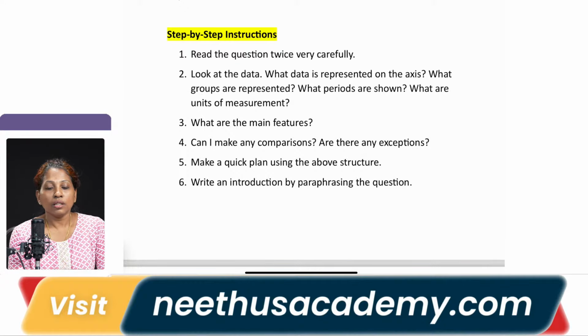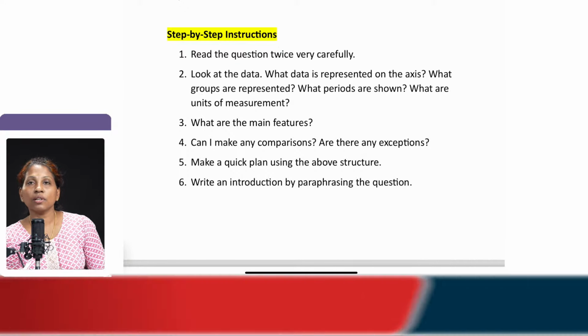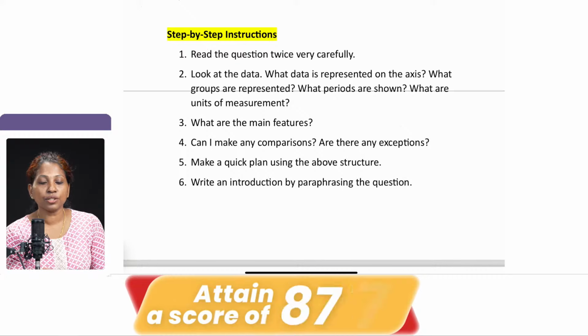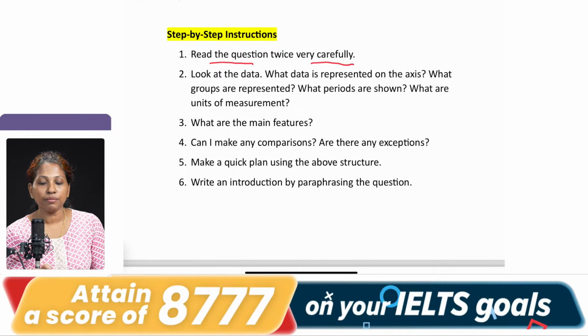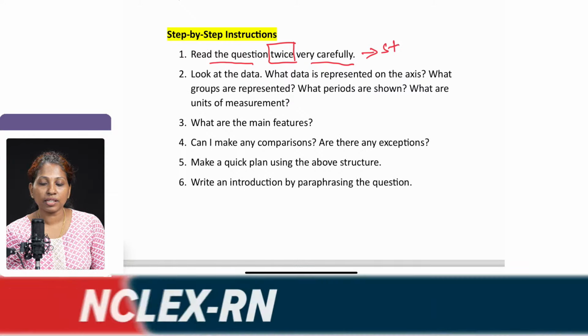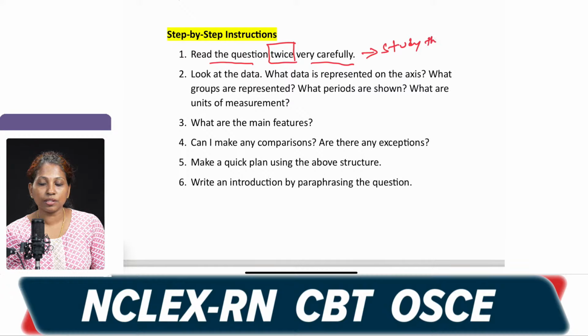Now, how do you approach report writing? When a question is given in front of you, how do you go forward? Step by step. First, read the question very carefully, at least twice. Study the diagram. Take a few seconds and study the graph.